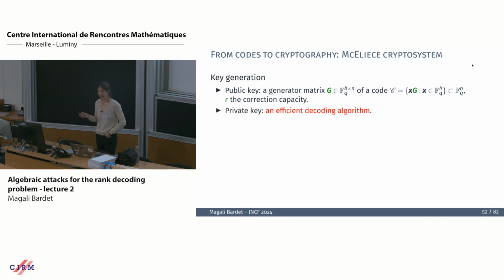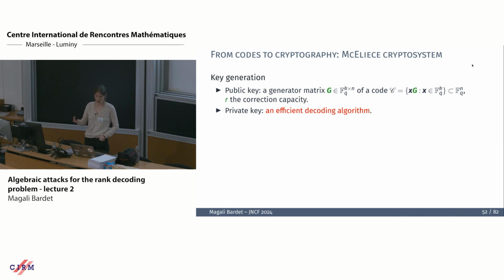What is the private key? It's just an efficient decoding algorithm, a polynomial time decoding algorithm of your code. If you take a random code, so a random generator matrix, it's hard to decode. The decoding problem is a hard problem.